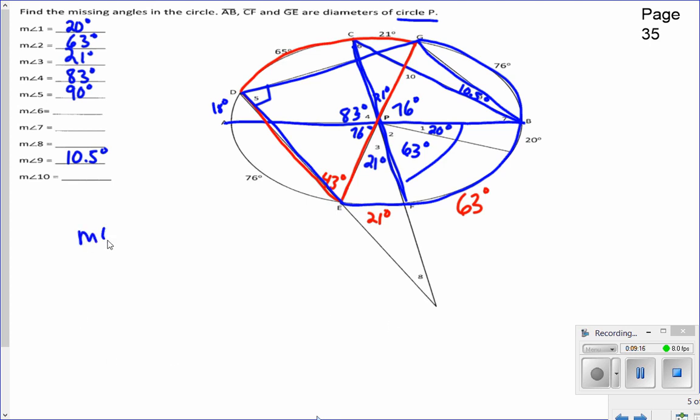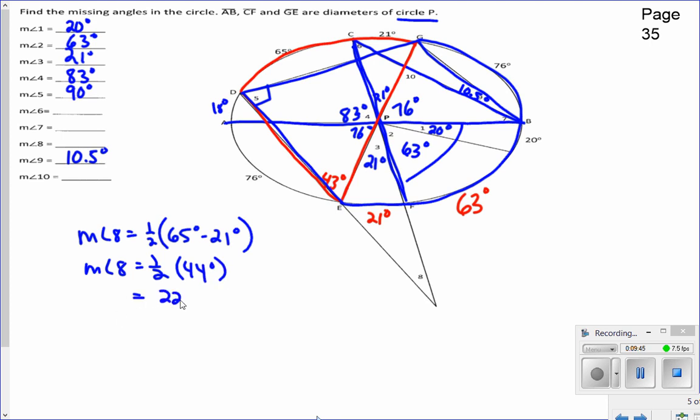So the measure of angle 8 is going to be half the difference of the two arcs that are intercepted, which would be 65 and 21. So let's see what that would equal. 65 minus 21 is 44 degrees. So half of that would be 22 degrees. So the measure of angle 8 is 22 degrees.